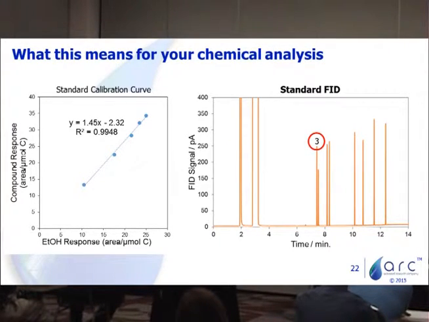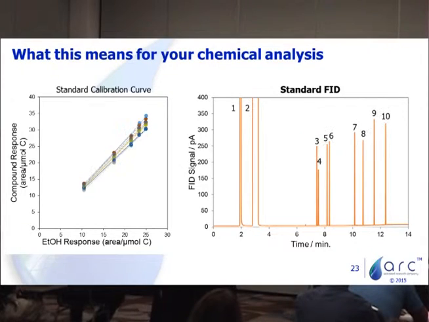Ethanol has less propensity to form those carbon cations in the flame ionization detector. We also see a non-zero intercept, which indicates that there's some error in this sample, which could be due to when I was actually making it and there was some vaporization happening when we were adding these different concentrations.